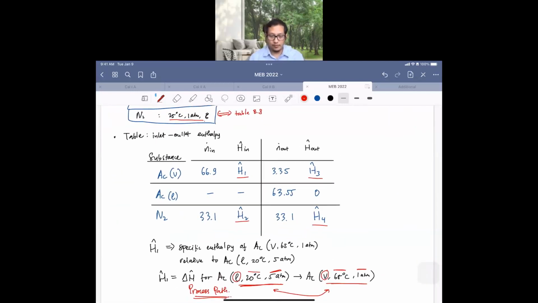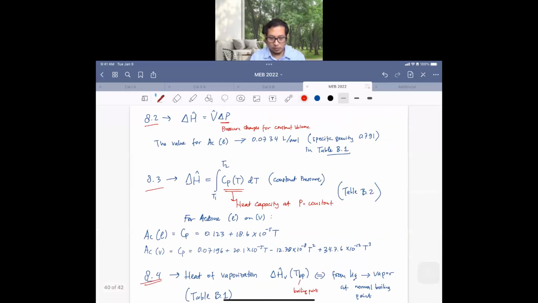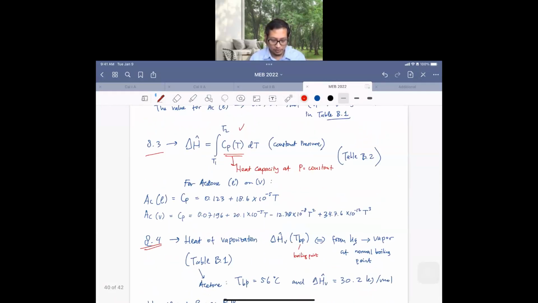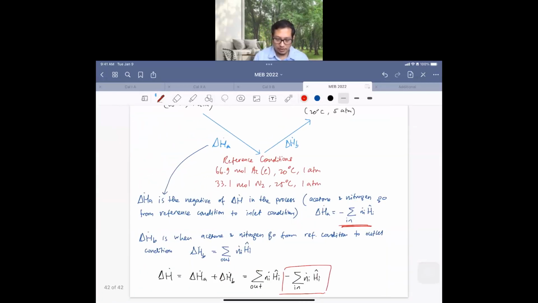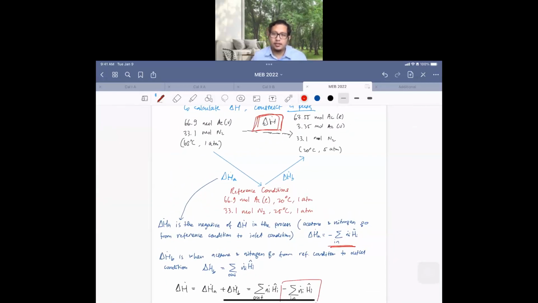We will discuss more on this part, also this part, the heat of vaporization. Let me go through the next page. But before that, are there any questions? I know this is a little bit messy and complex, but I hope you get the essential parts. The essentials are the process path and the reference state.